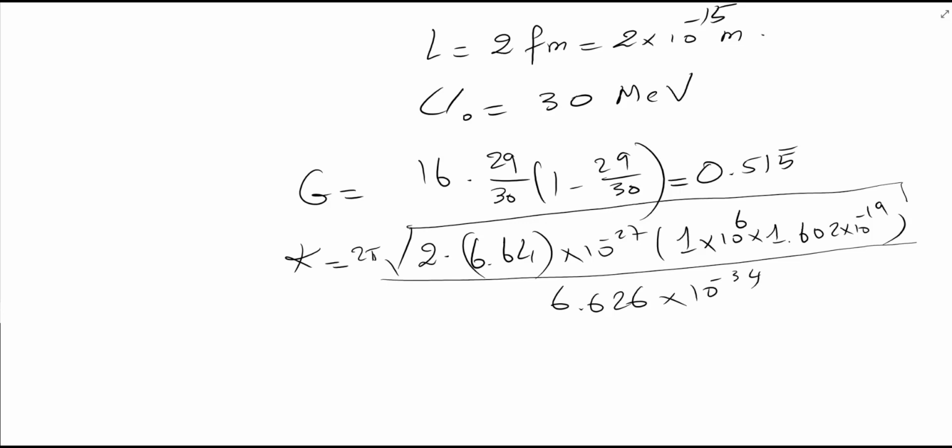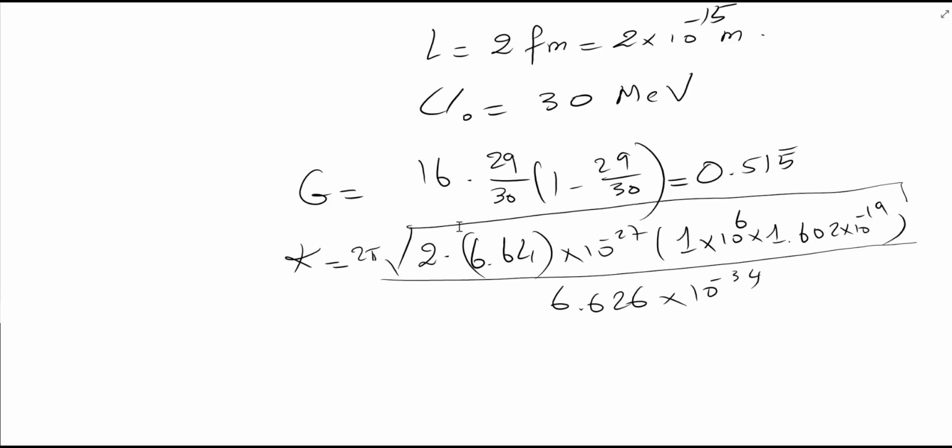It's going to be 2 times pi times the square root of open parentheses 2 times the mass, which is 6.64, times 10 to the negative 27, times, oh man, I have a 10 to the power 6 too, so this makes it an even bigger number than I was thinking.